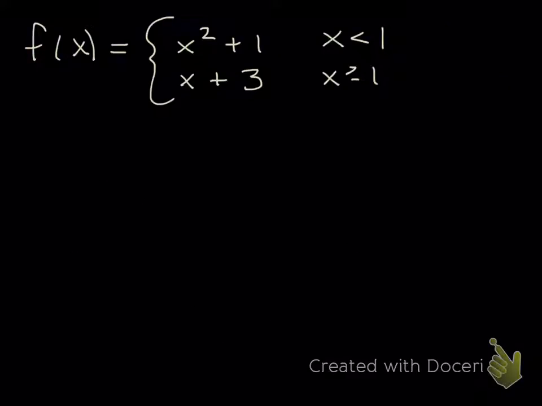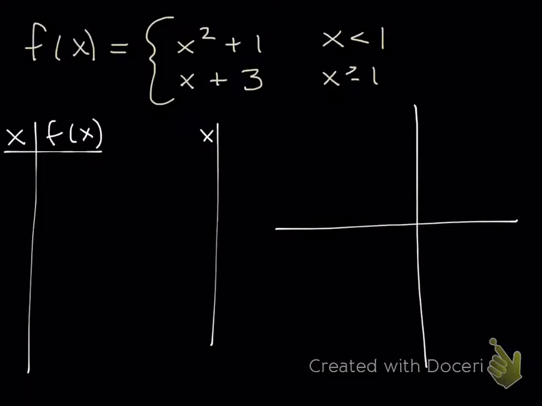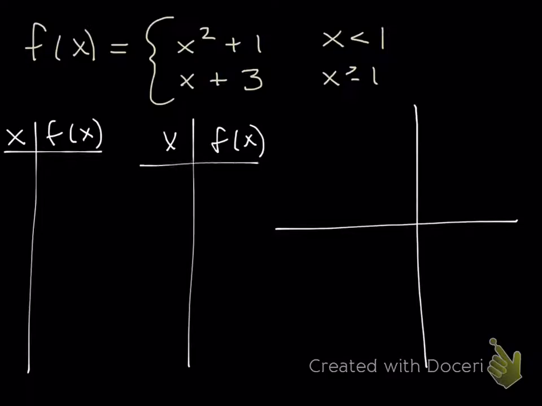So we're just going to do a quick review again on graphing piecewise functions. Remember yesterday we talked about making your t-chart. So here are my two t-charts. For my first t-chart, the top one, I can only use values that are less than 1.